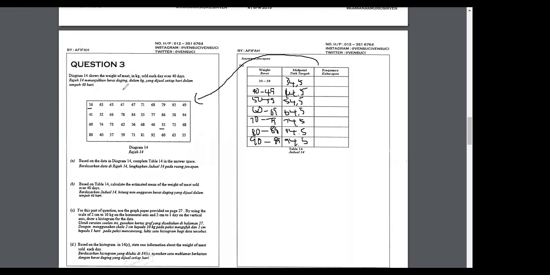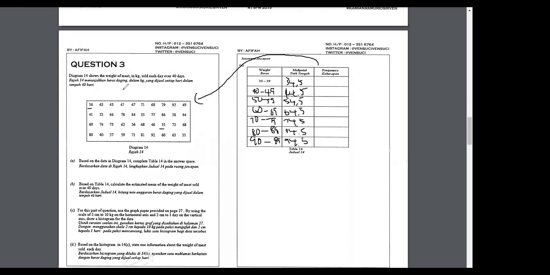So you see, for the first one you get 2, and then for the second one you count how many are there for 40 to 49. It must be between them; you cannot be over or less than 40 to 49. Now we look at it, 40 to 49, we get 6.